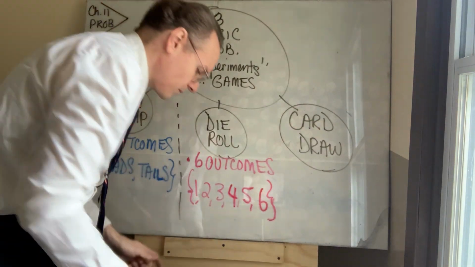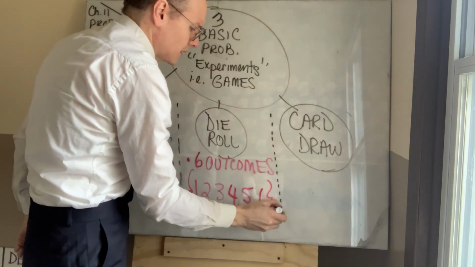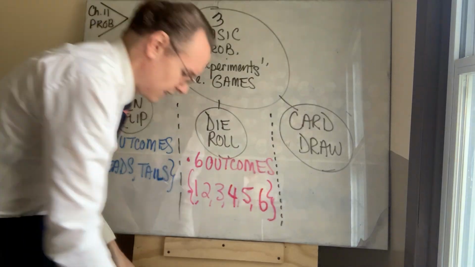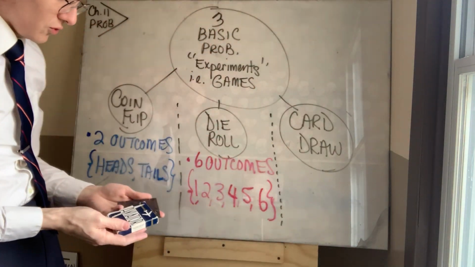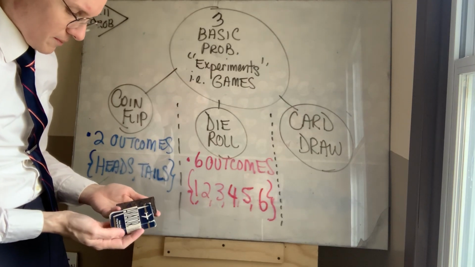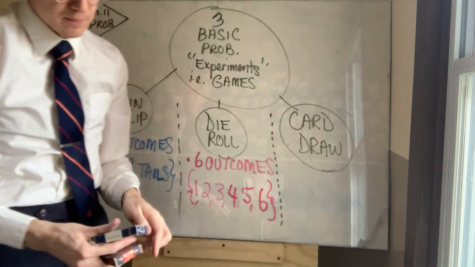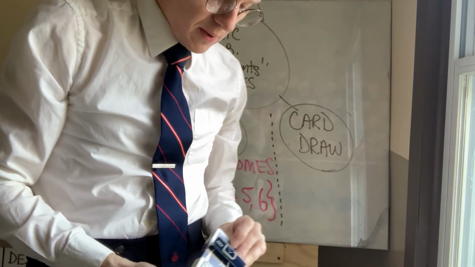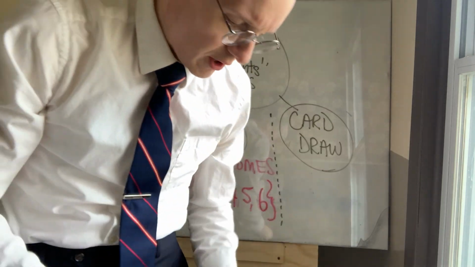So there's that. When it comes to card draws, that's a bit more complicated, the reason being that there are different types of decks of cards. These two are both the same type, not just that the designs are different on the back. I want to say these are probably made by the same company. The back design of the cards is really irrelevant.